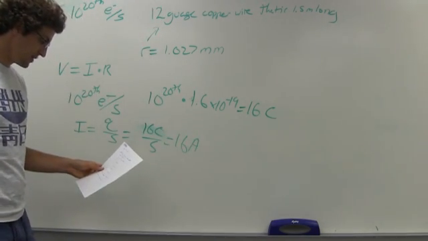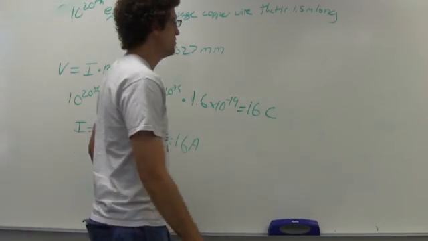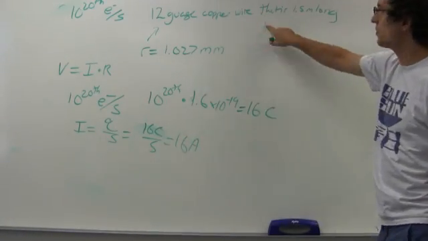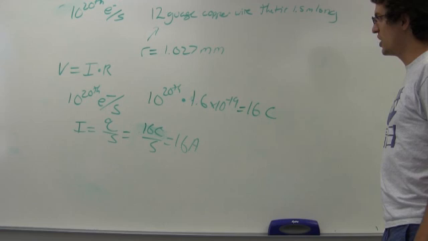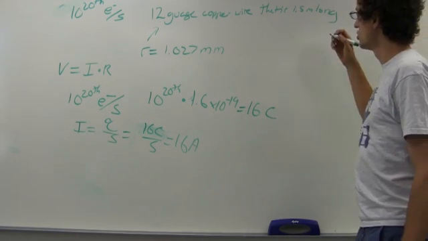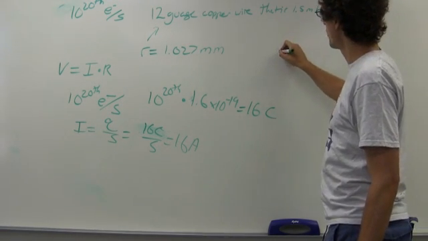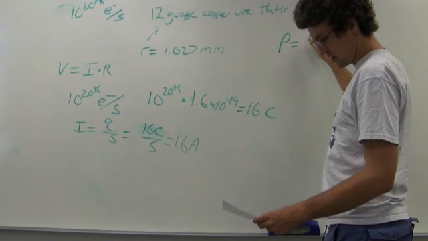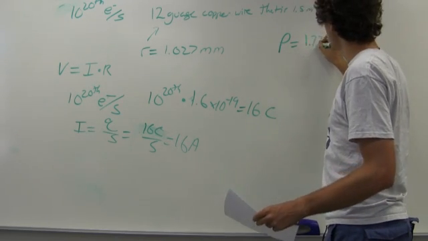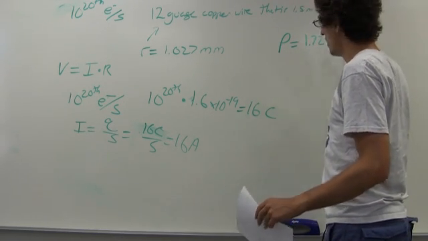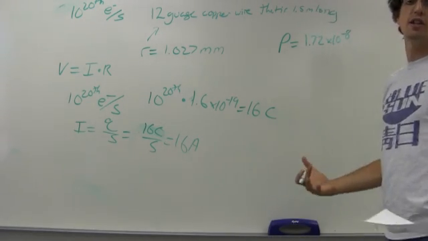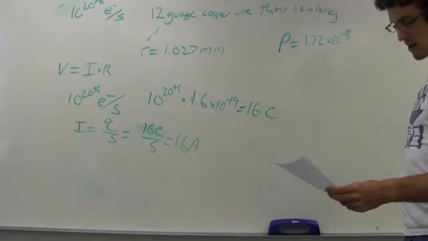All right. Now we move on to the resistance. Here we have to use resistivity. If we look it up, we find that the resistivity of copper is 1.72 times 10 to the negative 8. Very low, as you would expect in most conductive metals, which copper is very much one.